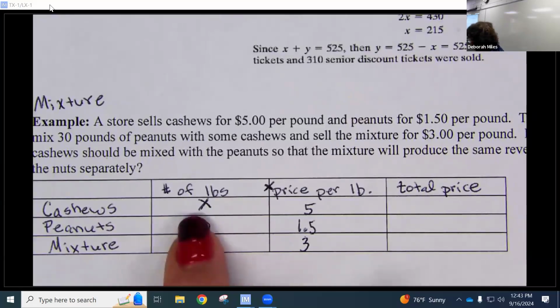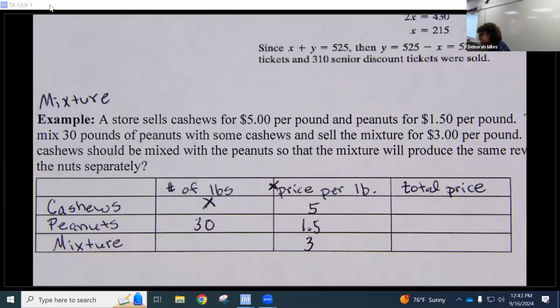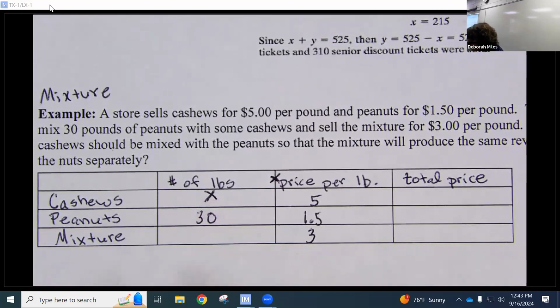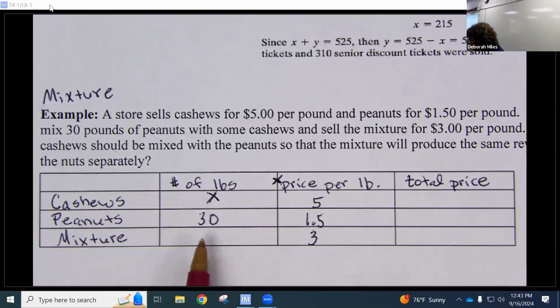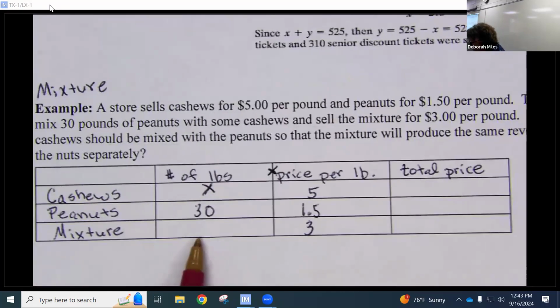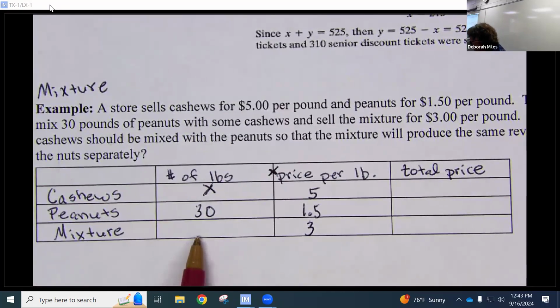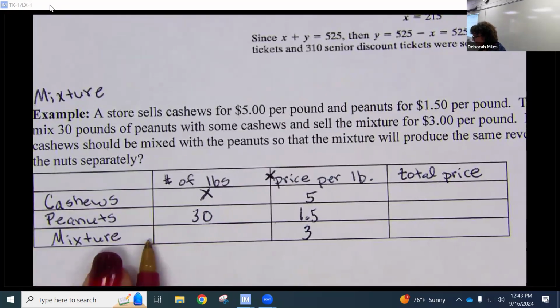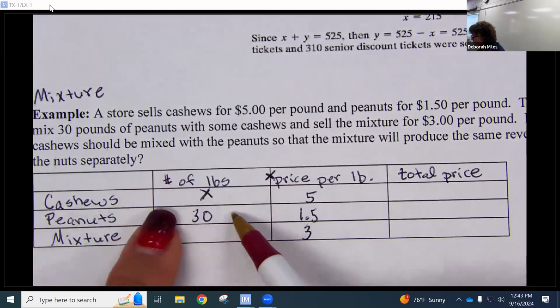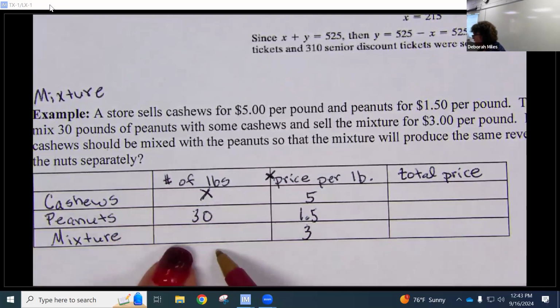And I figured out what variable to use. I'm going to tell you a secret here. You could let this mixed number of pounds in the mixture be Y. If you wanted to, you'd have 2 equations and 2 variables. But what would Y equal if you had X pounds of cashews and 30 pounds of peanuts? How much of the mixture would you have?